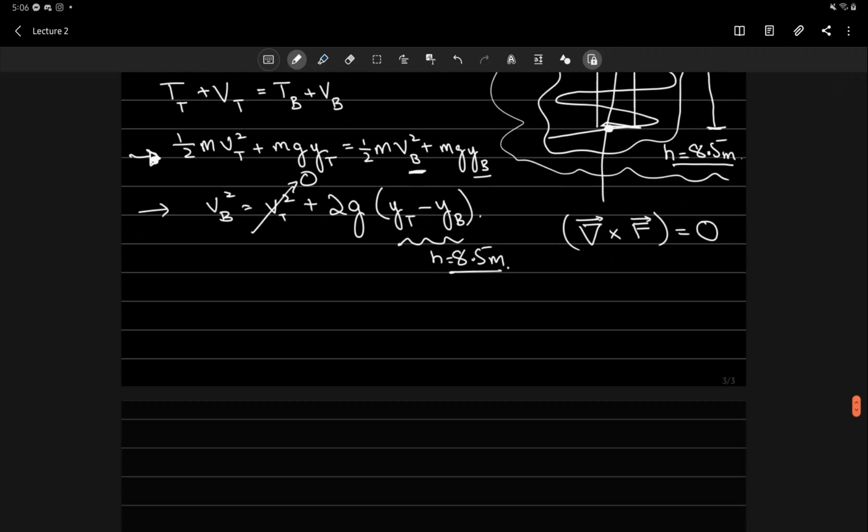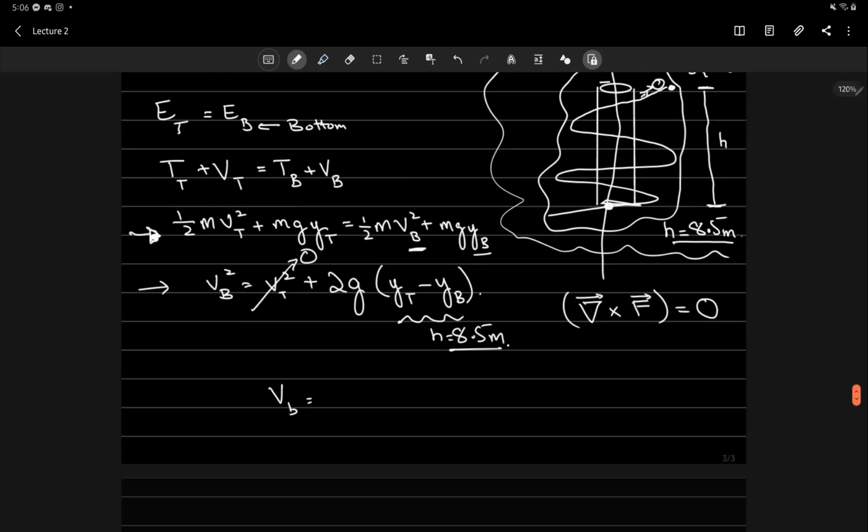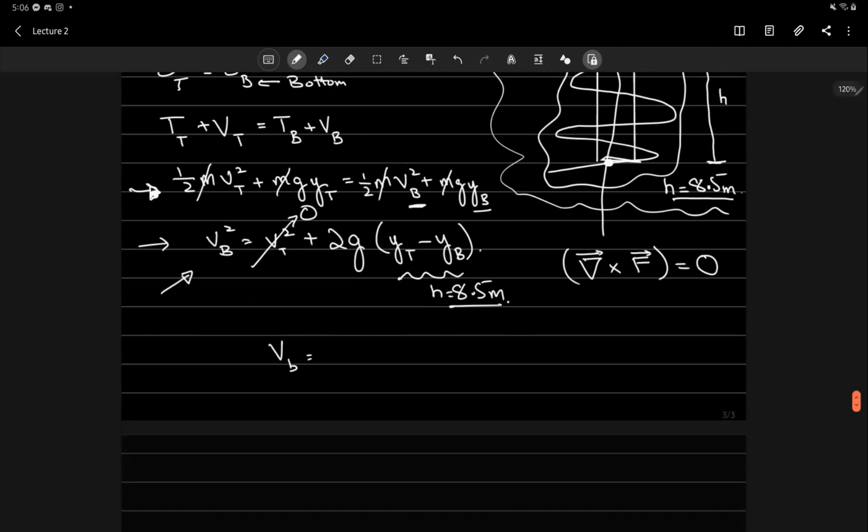Then what is V_B? Simply put in the values. The mass would just go away. I hope you noticed that the mass cancelled, because in every term of this expression we have a mass, so it just goes away. Or you can say we divide the whole expression by mass. So V_B is simply equal to the square root of 2gh, and I think you might have seen this formula before as well.